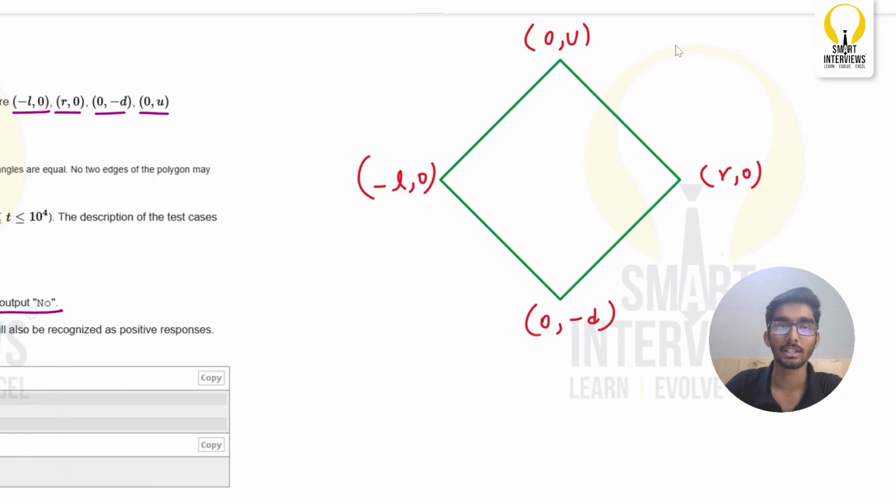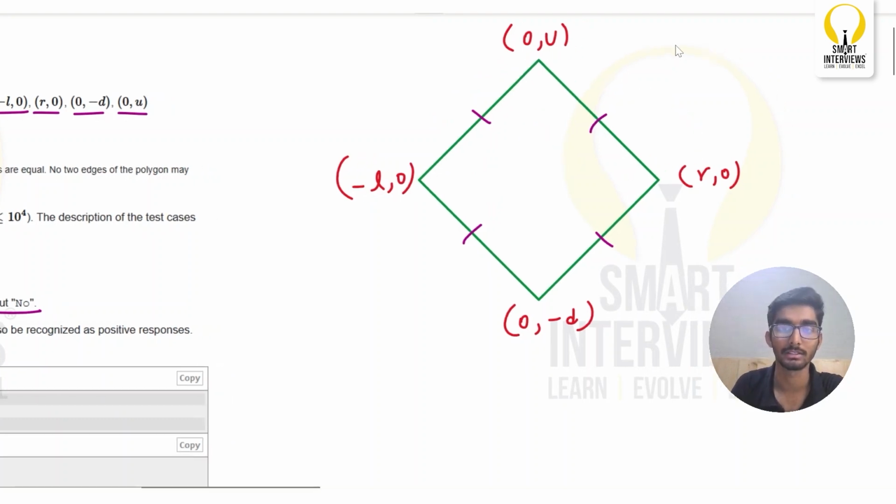We need to check if it is possible to form a square with these 4 coordinates. To form a square, all these 4 sides must have equal distance, right? So I need to get the distance for all the 4 sides and check if they are equal or not.